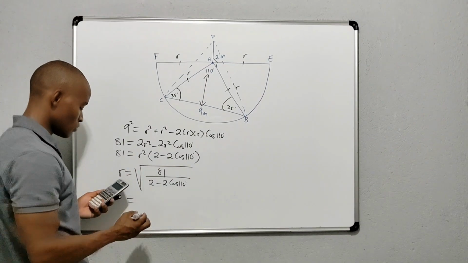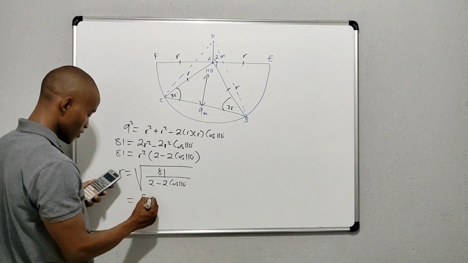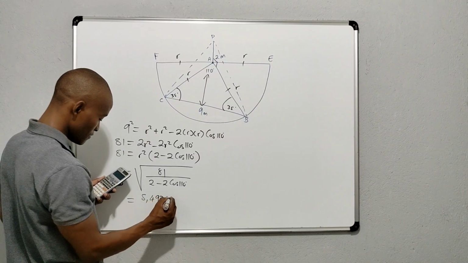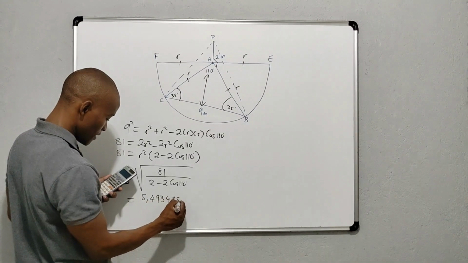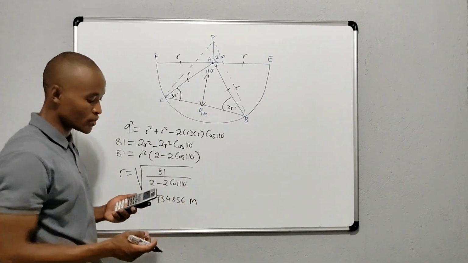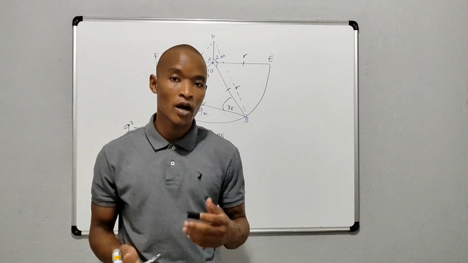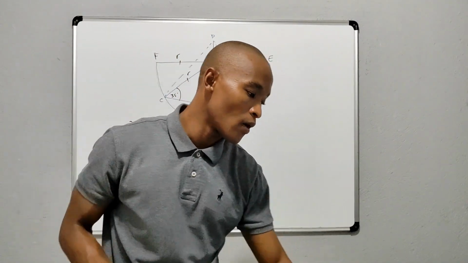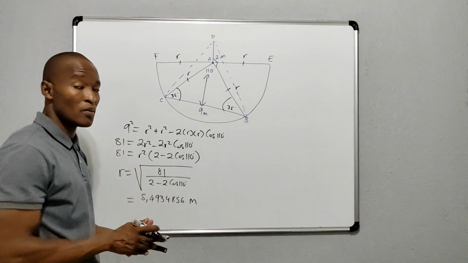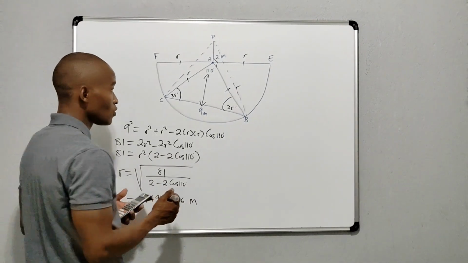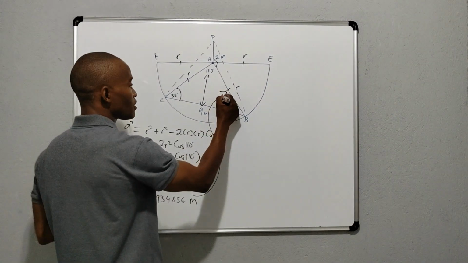Okay, so we have 5.4934856 meters. Why am I using so many decimal places? It's because we're asked to round off to 4 decimal places in our answer, so we need a minimum of 5 decimal places to be accurate. Good. So we have the value of r.